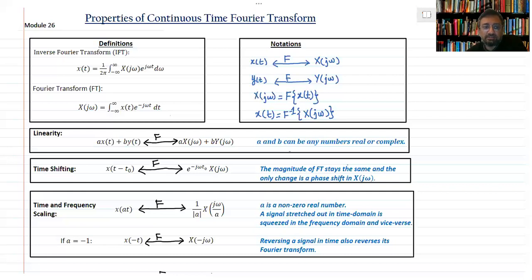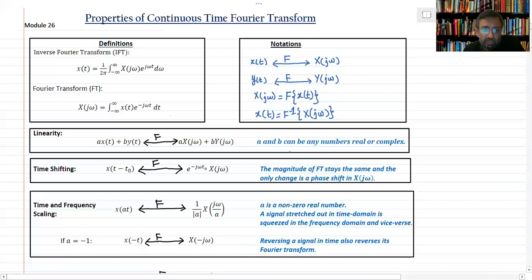So it was actually the time and frequency scaling property that was at work over there. To sum it up, a signal stretched out in time domain is squeezed in the frequency domain and vice versa. Therefore, it is not possible to localize a signal or concentrate it in both time and the frequency domains.